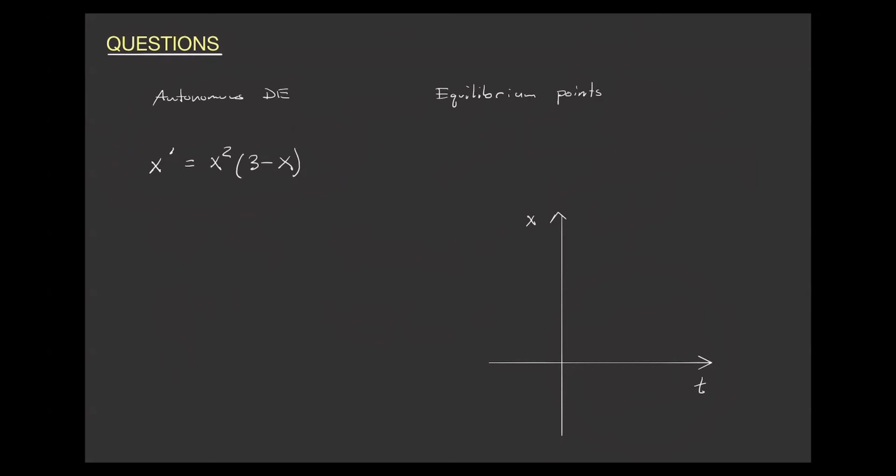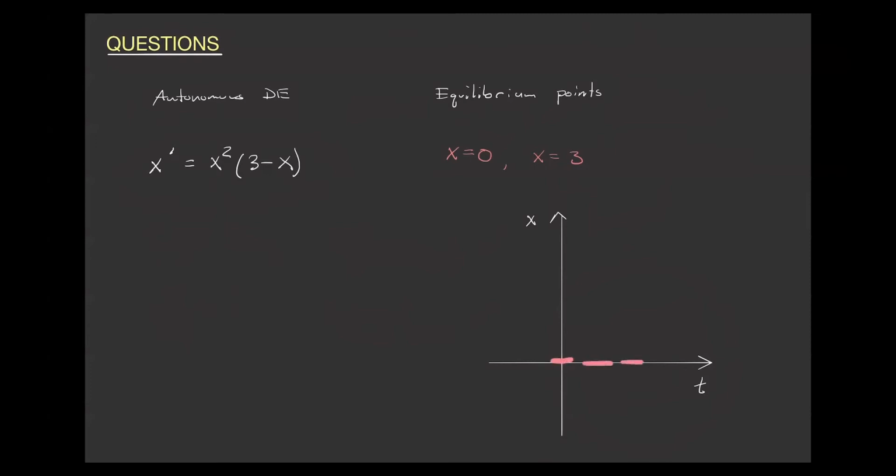That happens to be when either x is 0 or when x is equal to 3. What that means is that when you look at the x value of 0, it doesn't matter what t is, you're going to have a slope of 0.